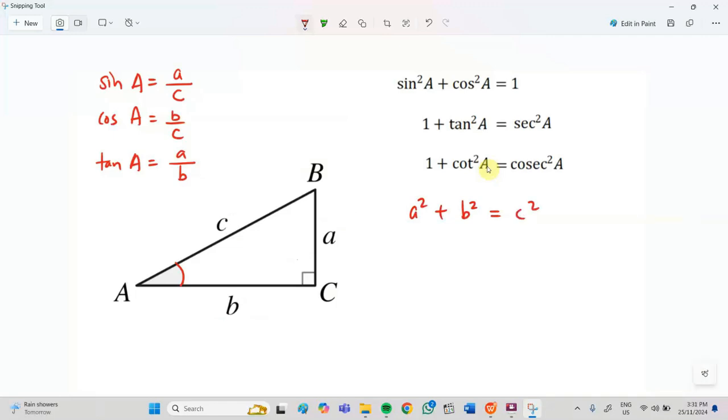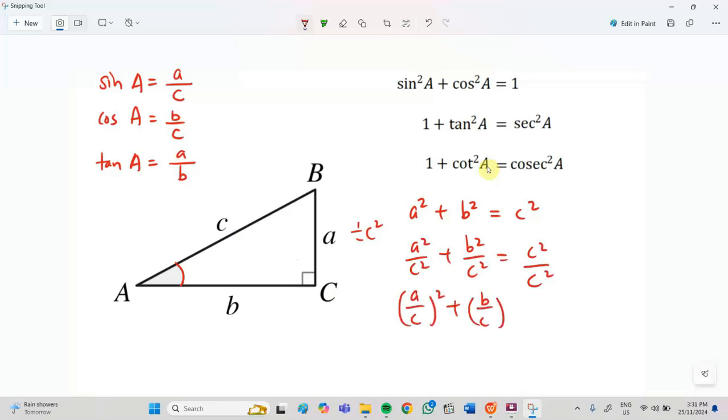So if we want to form the first basic identity, notice that this is 1. So how are we going to change this to 1? By dividing all the terms by c squared. So a squared over c squared plus b squared over c squared equals c squared over c squared. Then this is (a over c) squared, this is (b over c) squared, and c squared over c squared is 1.